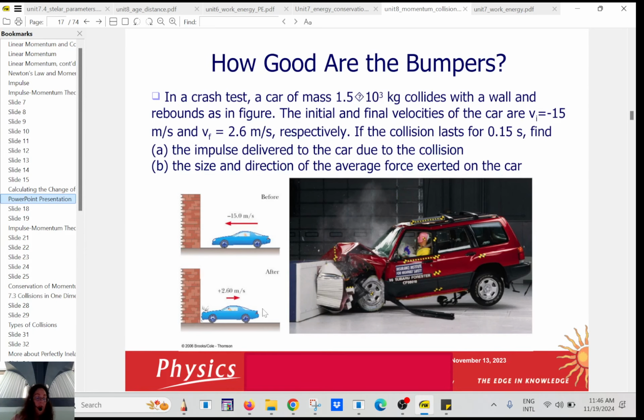That will be bad at the end. Okay, so let's do this one quickly. Slide 17. So it's bouncing up. The mass is 1500.